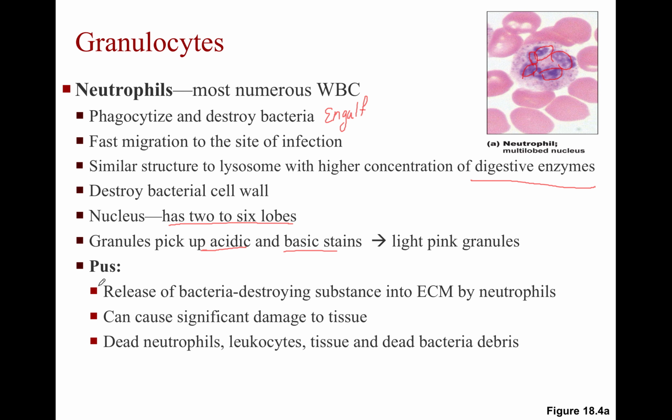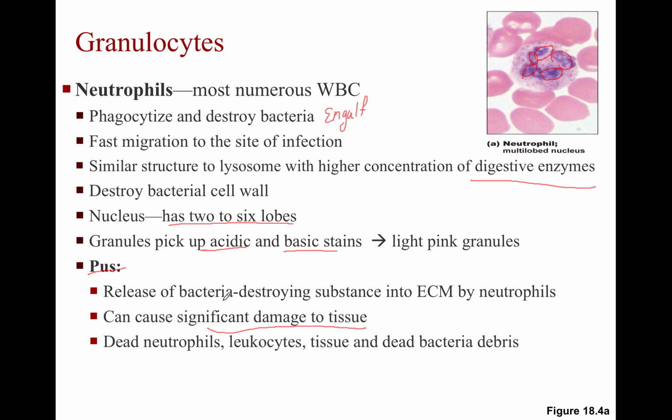So what we identify as pus, which is usually released at the site of infection, is the result of the release of bacteria-destroying substances by your neutrophils, which destroy the pathogens or anything that can cause infection. But it also can cause significant damage to the tissue itself.